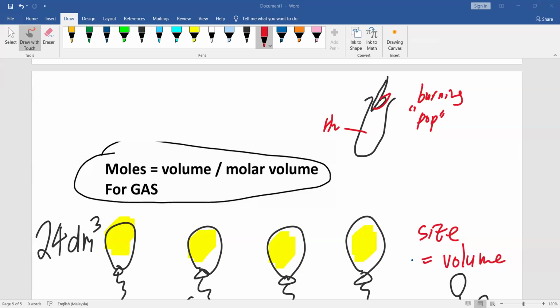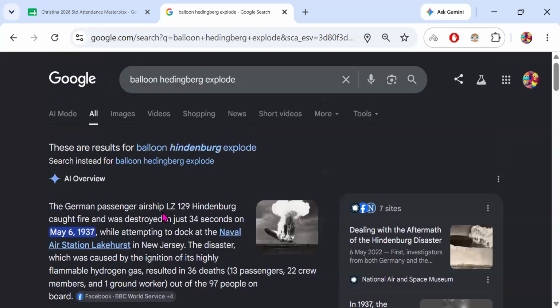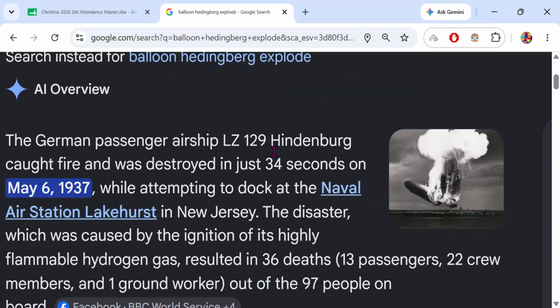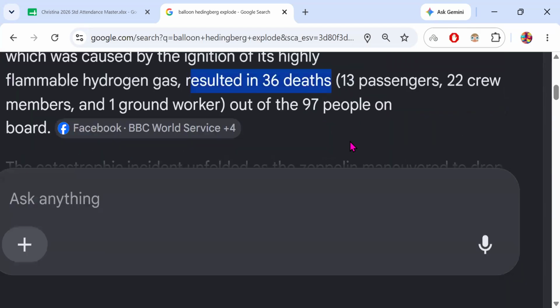So many years ago, a German passenger airship, Hindenburg, caught fire and was destroyed in 34 seconds. While attempting to dock at Naval Air Station in New Jersey, it was filled with highly flammable hydrogen gas. 36 people dead in 34 seconds. Wow, out of 97 people, one third died. Still got people who survived. I'm quite impressed.